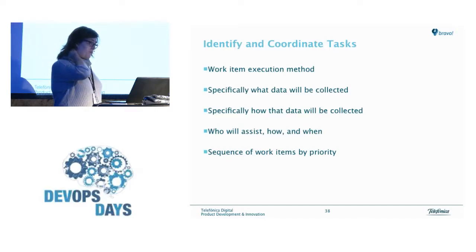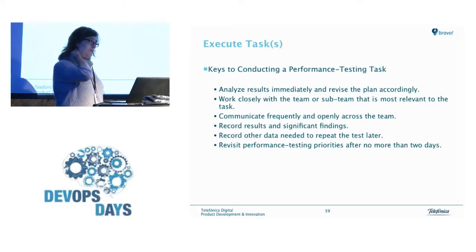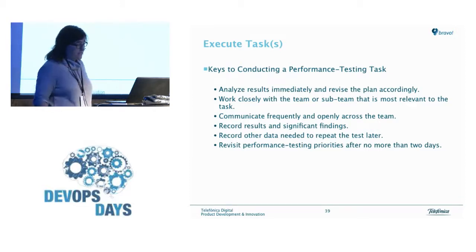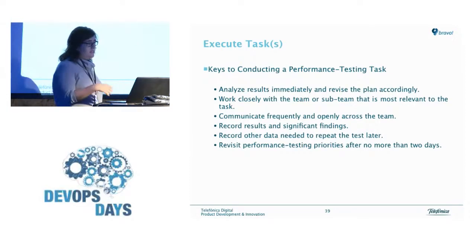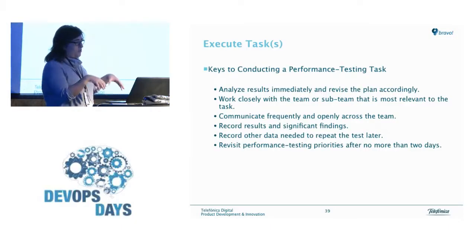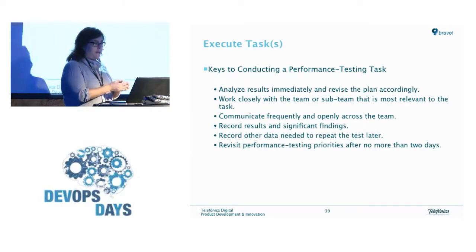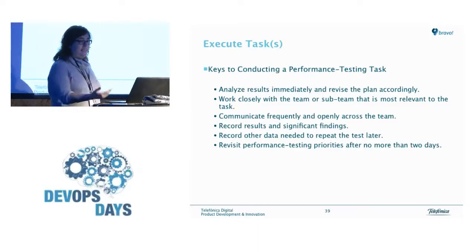Okay? And of course, you have to execute those tasks. And sometimes that is the problem, that you have a group of people that have their own tasks. The system administrator has his tasks. The release manager has his. So you have to execute all usually in a 2 weeks span. That is your time for testing in the pre-production environment. And you have to analyze together all those tests and run them, and sometimes take them to production because you are not really confident of the results in pre-production.